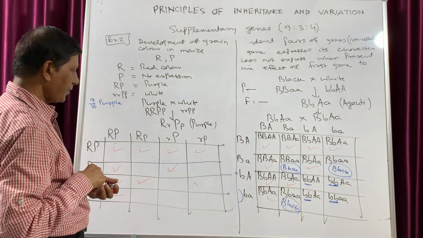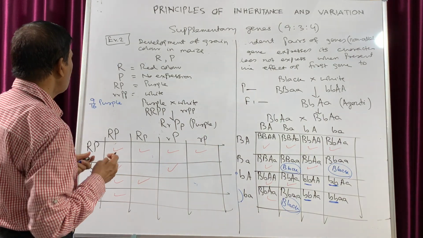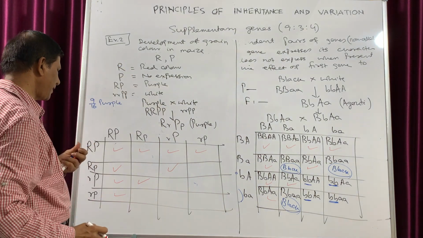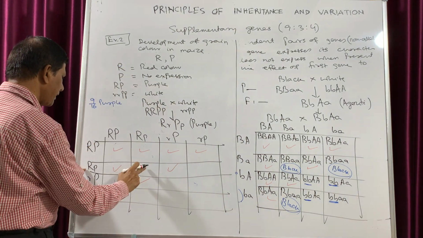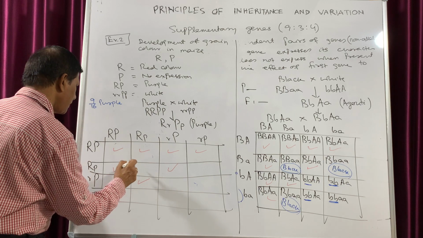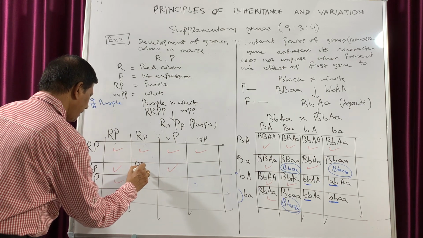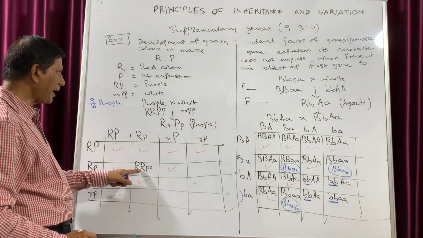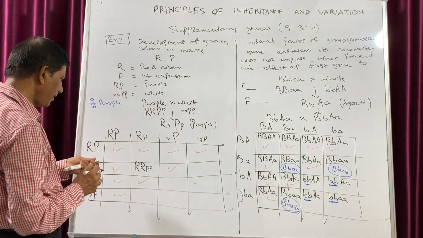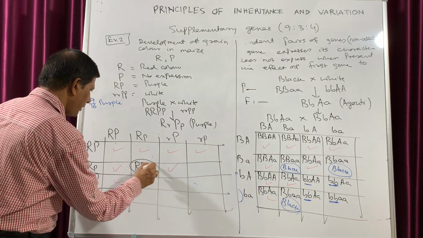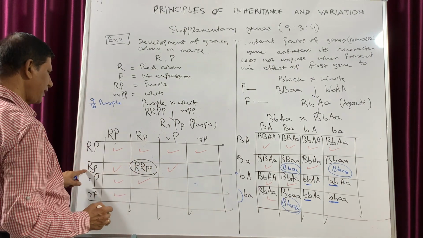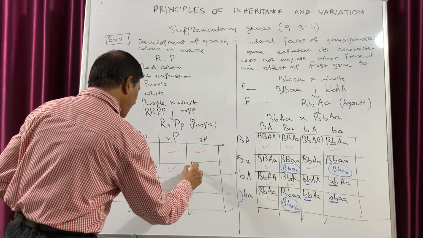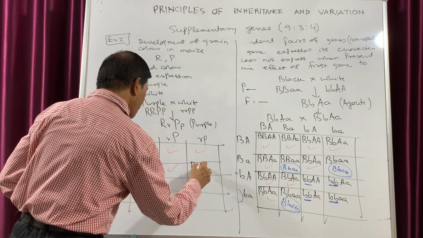Then you see in how many cases only this capital R is there. So only capital R is present here. In this case, you see it is capital R and small p, small p. And when only capital R is there, it is red in color. That means this will be red in color. Again you see, here also it will be capital R, small r, and small p, small p.